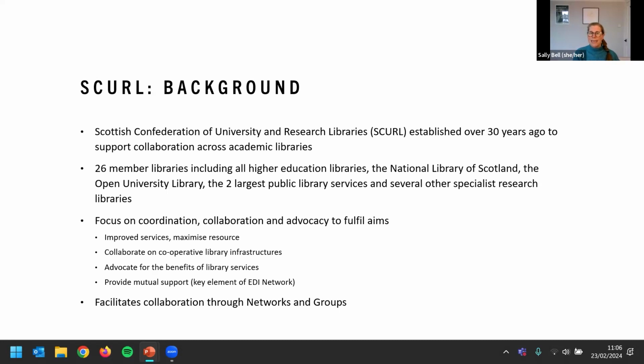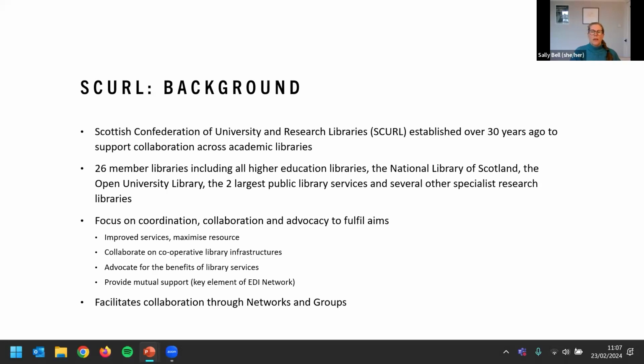So there are 26 member libraries, which includes all the higher education libraries, National Library of Scotland, the OU Library and the two largest public library services, plus a whole host of other specialist research libraries. So it's a really lovely community representing that kind of research reference library element and the public libraries as well.